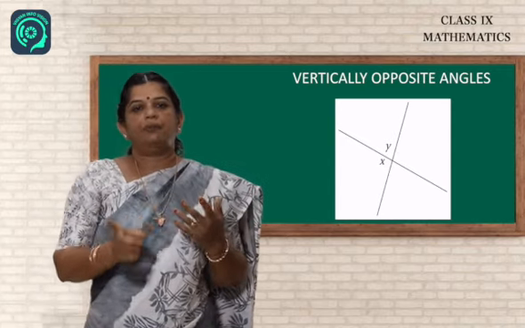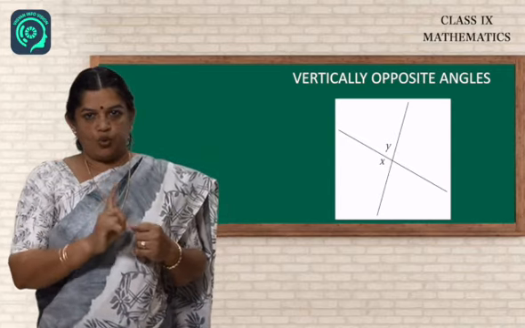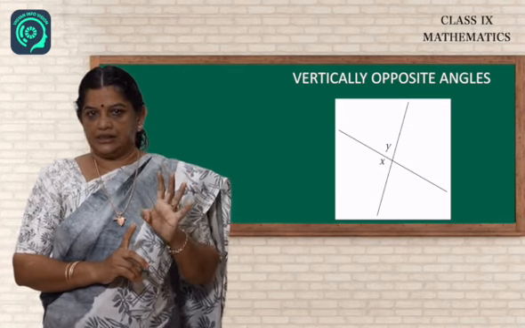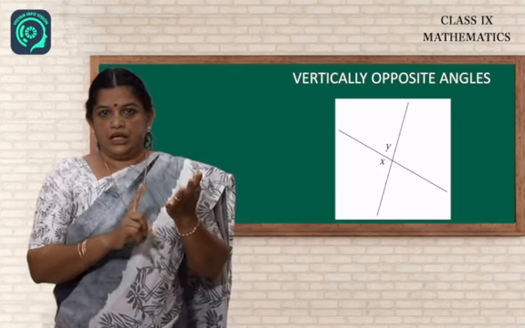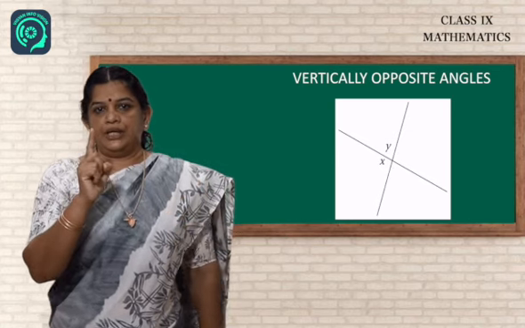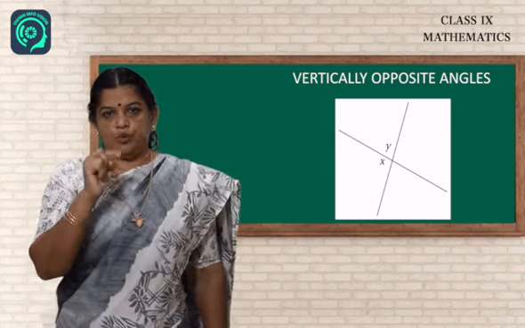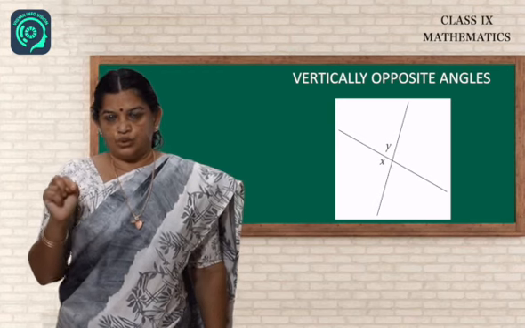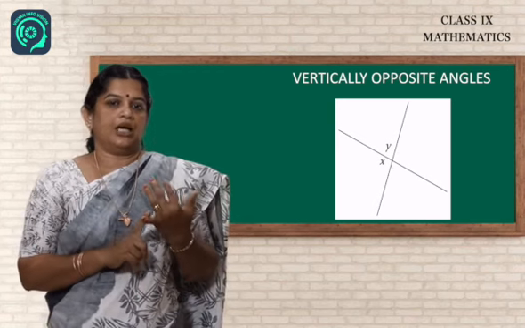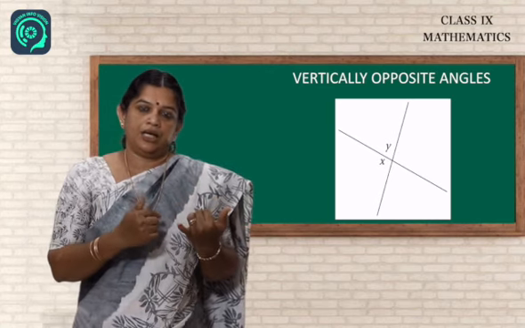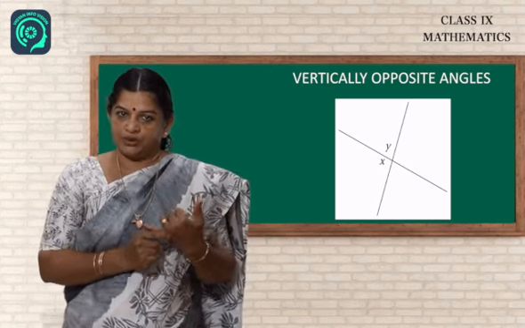Two lines AB and CD intersect at O, it forms four angles. What are the four angles? Angle AOB, angle BOC, angle AOC and angle AOD, isn't it? So, here angle AOD and angle BOC are vertically opposite angles.